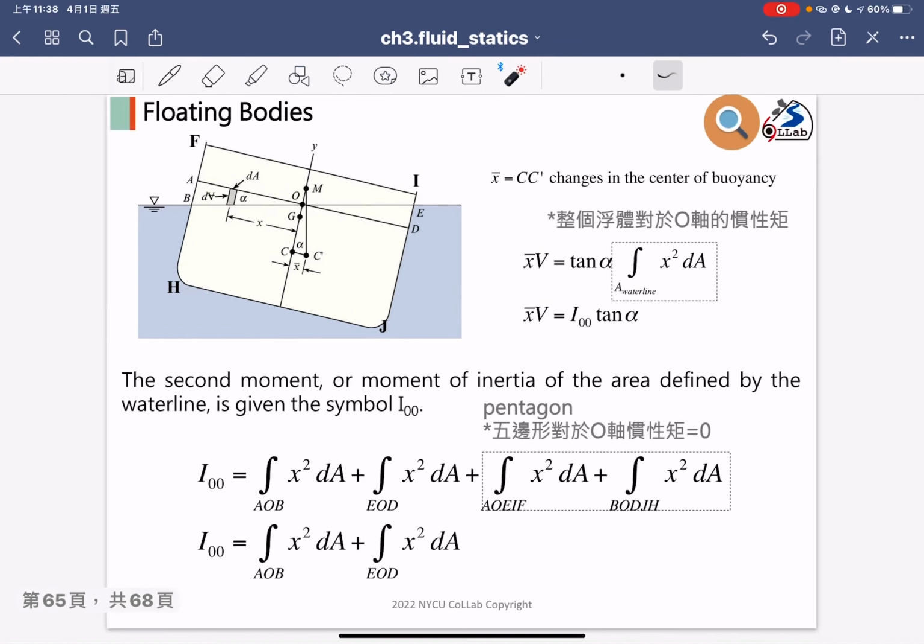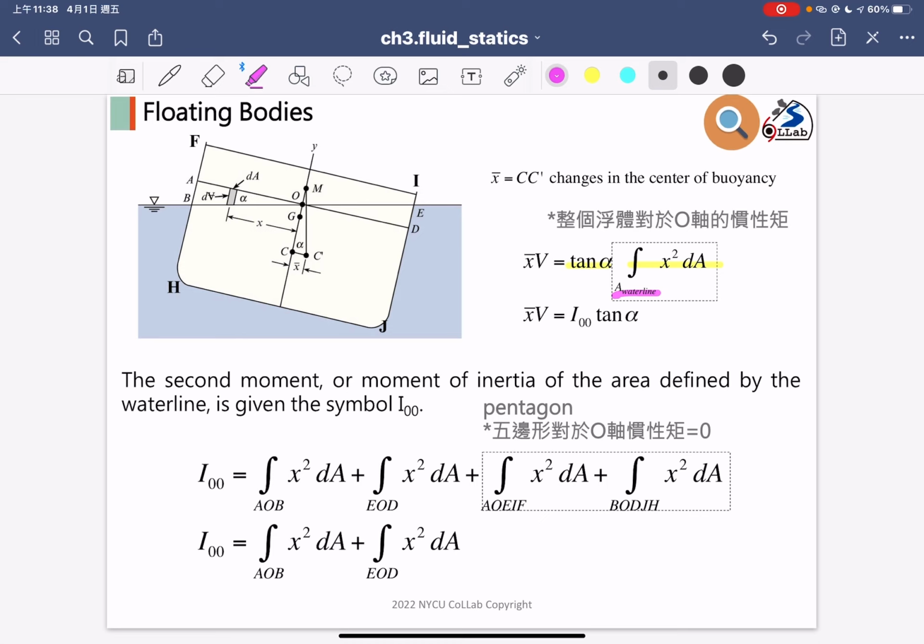So in the next slide showing here, we first compute the total second moment. This is our total second moment. And the tangent alpha is a constant, so we take it outside of the integral. And then please notice that the area in here is the area along the water line.